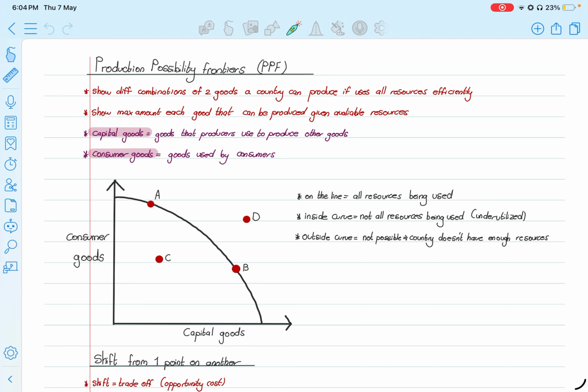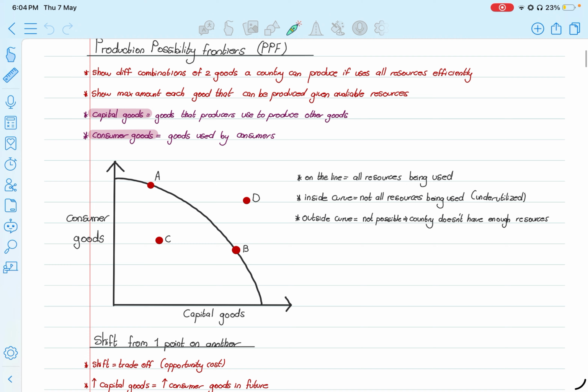It's easier to understand what they show if you understand what they actually are. These graphs show the production of two goods, usually consumer goods and capital goods. Consumer goods are goods that we consumers use every day, for example, toilet paper, food.